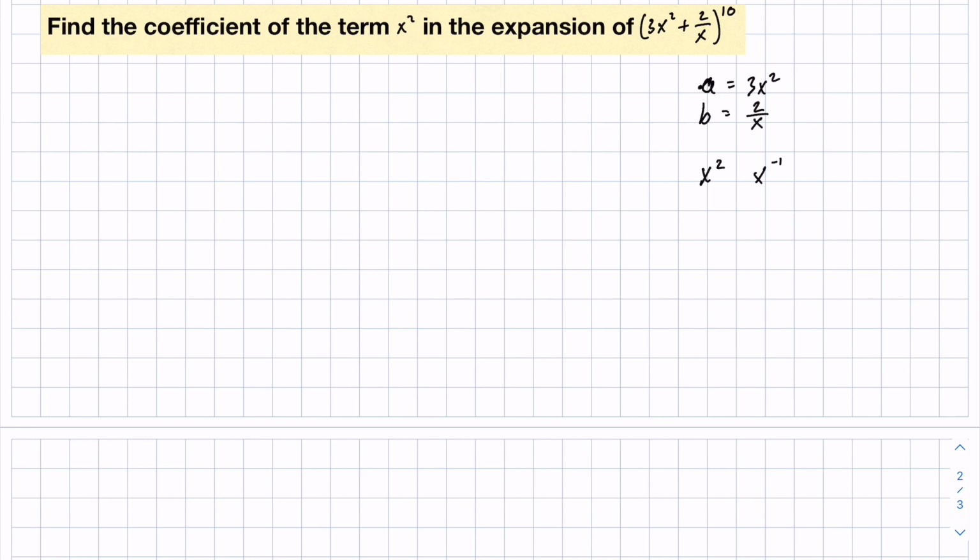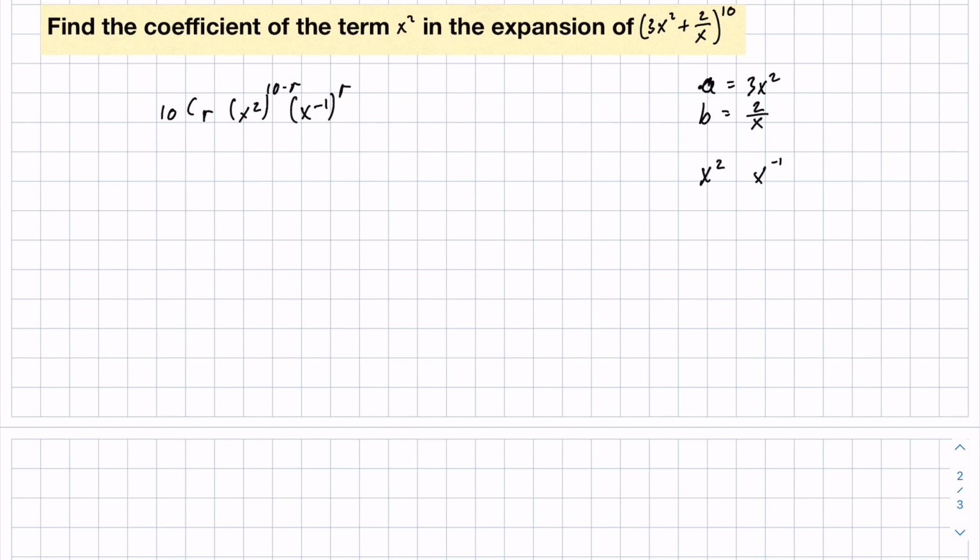So it's going to be 10 choose r, and I'm going to call this variable r, times x squared taken to a power, and then x to the negative 1 taken to a power. Now this x squared is taken to the power of 10 minus r, and this x to the negative 1 is taken to the power of r.